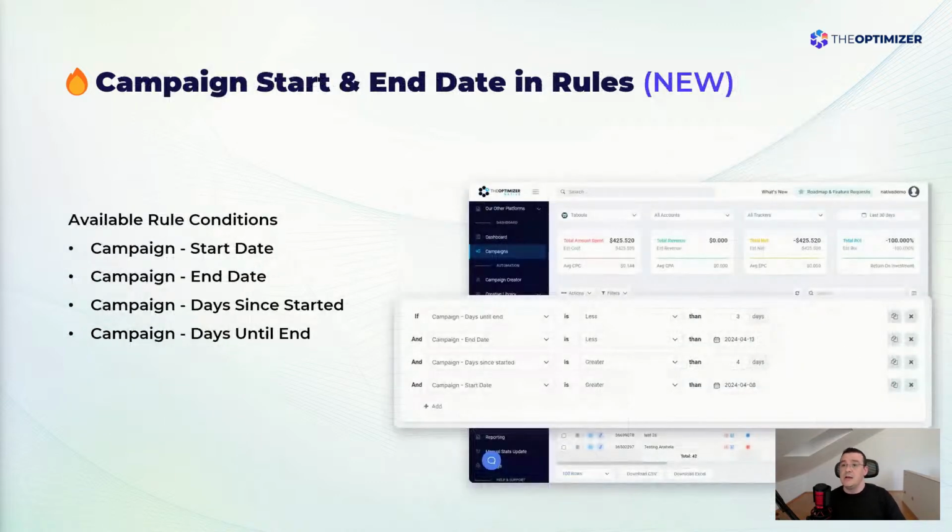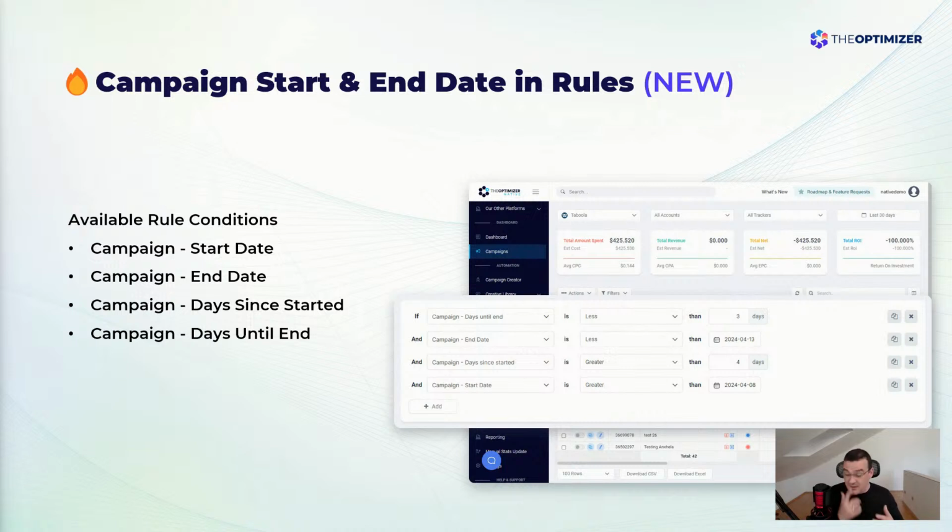Another one is campaign start and campaign end date. When we launch campaigns, the start date is really important. Let's say that we're launching 100 campaigns a day, because we're talking today about a mass launcher as well. So we want to launch hundreds of campaigns a day, and we want to kill hundreds of campaigns a day, because the chances for us to get all our campaigns profitable, 100 campaigns out of 100, is really, really rare.